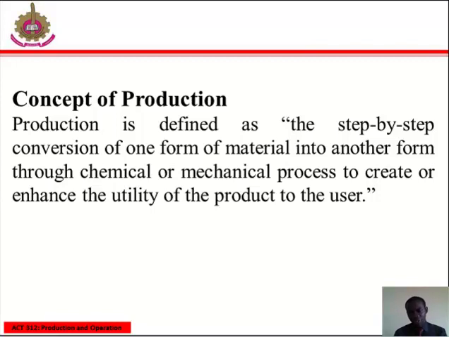At each stage of processing, there will be value addition. Some examples of productions are manufacturing custom-made products like boilers with a specific capacity, construction flats, some structural fabrication works for selected customers, and so on and so forth.